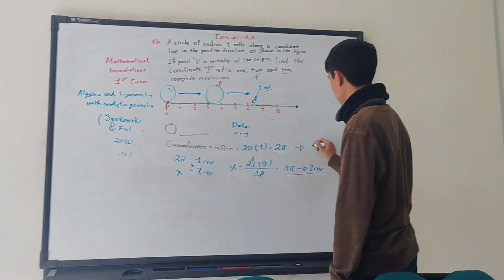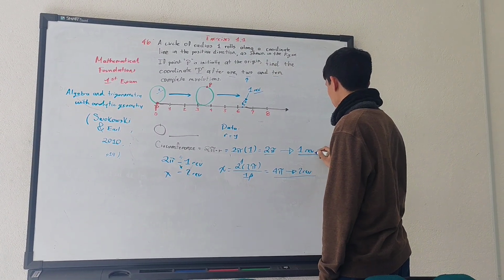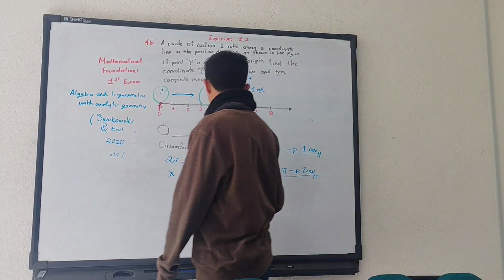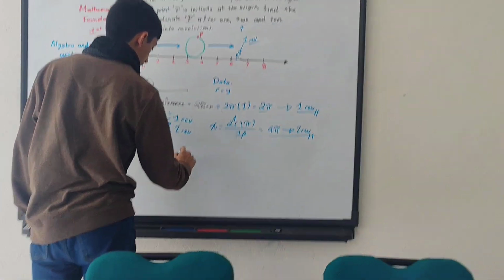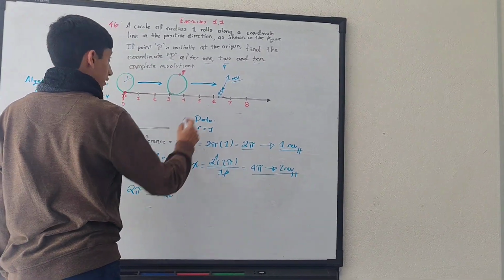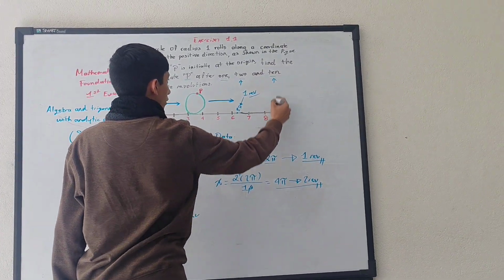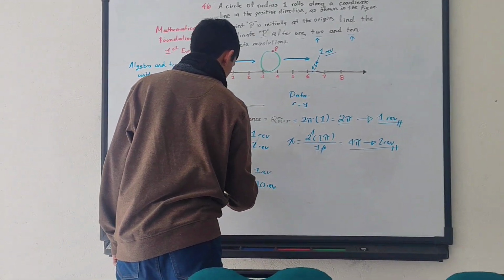And I'm going to write here that 2 pi is for 1 revolution. We want to find how much will be for 10 revolutions.